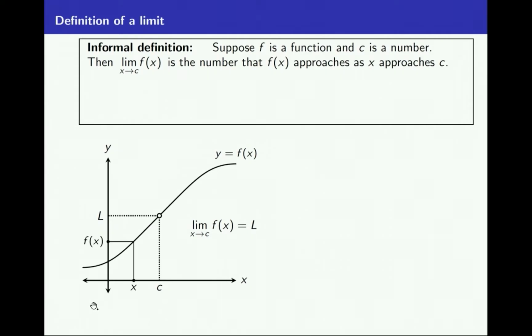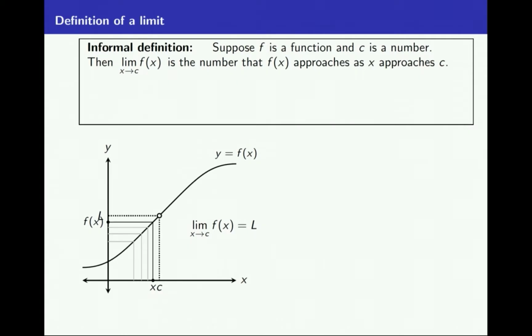So to see that, take a value of x and look at f of x, and now let x approach c and look at what happens to f of x as x approaches c.